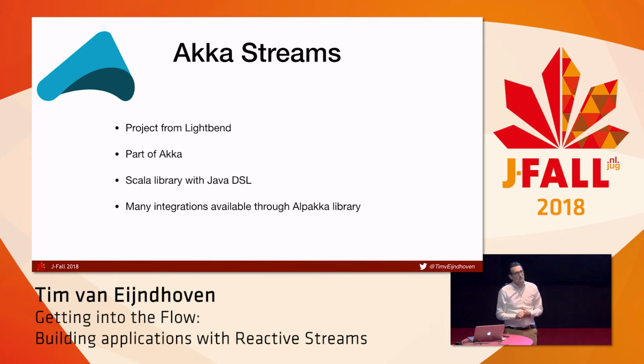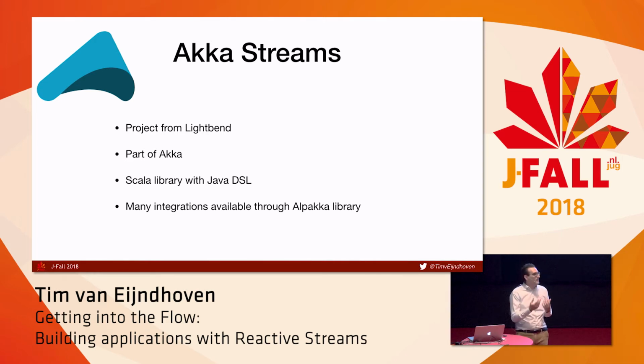And one of the, in my opinion, killer features about Akka Streams is that it has the Alpakka library. The Alpakka library consists of all different types of connectors to other systems, right? So we have connectors to certain types of databases, or to Amazon services, or what have you, Elasticsearch, Kafka, all types of external systems.